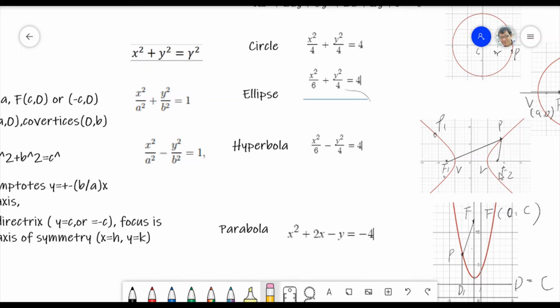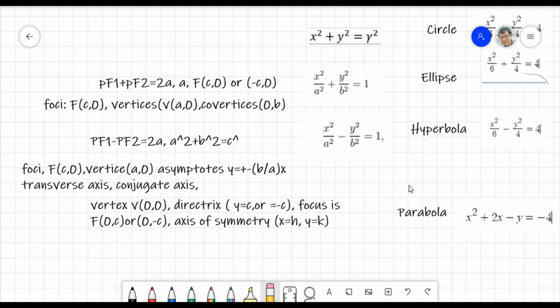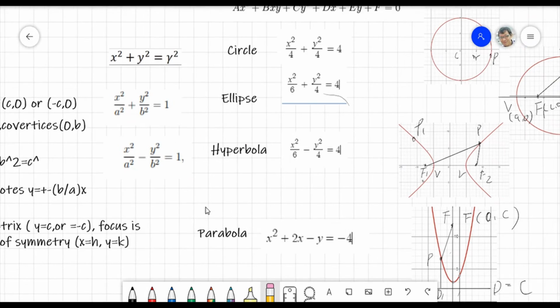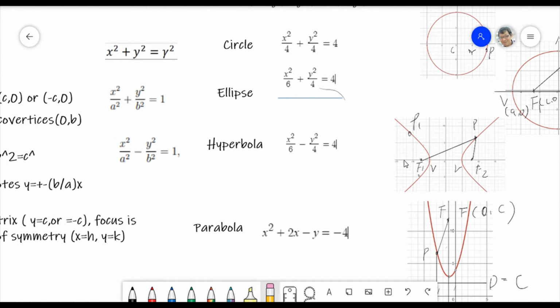So let's recall that. For the hyperbola we have more concepts: the transverse and the conjugate axis. The transverse axis for this graph is exactly y equals 0, the x-axis, right? And the conjugate axis here is exactly x equals 0, the y-axis.